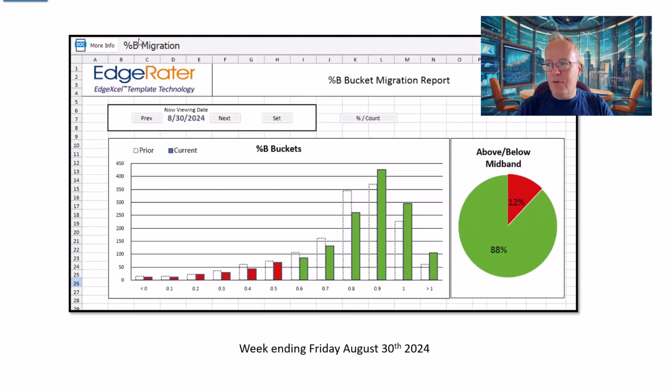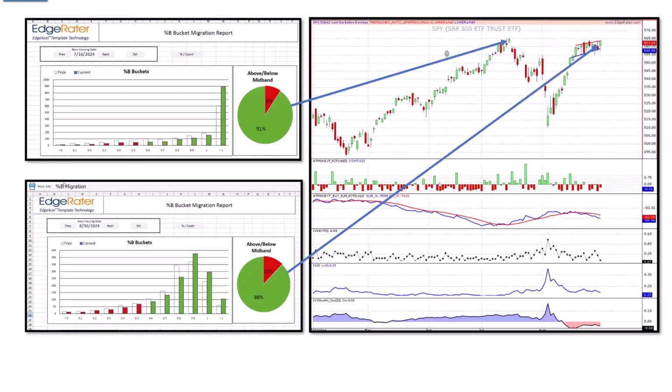But then if I took a look at recent history, today's bar or Friday's bar is this one here, and that's the migration buckets report we just looked at. But then if you go back to the very high over here, the highest high, this was the only bar in SPY that's higher than Friday, then you can see that there were 91% of stocks above the mid band, but actually also there were 60% of stocks which were above the upper Bollinger Band.